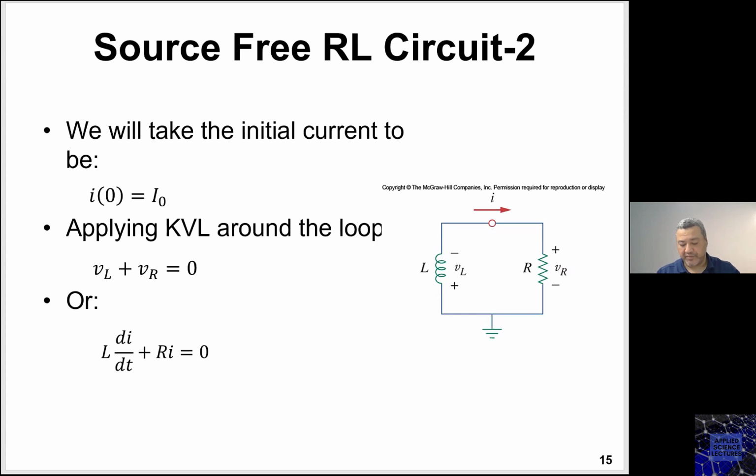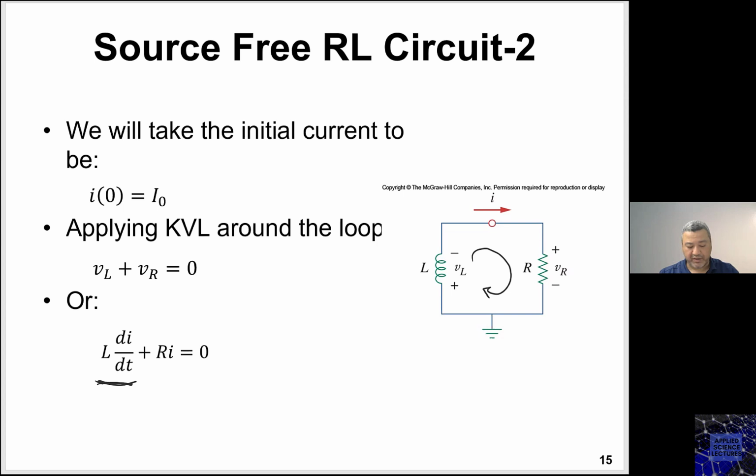So, again, looking at the source-free RL circuit, I have an inductor that is connected here with a resistor, as you can see. Applying a KVL is going to result in VL plus VR equals 0. And then using the passive convention, this VL is L dI over dt, and that's where the first order differential equation came from, plus Ri equals 0.